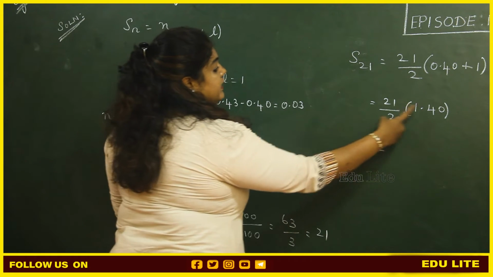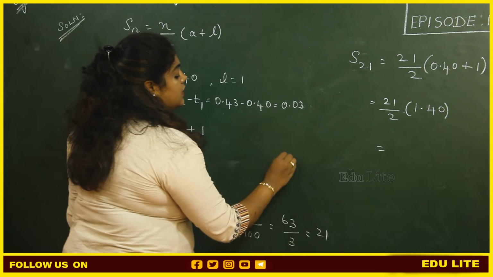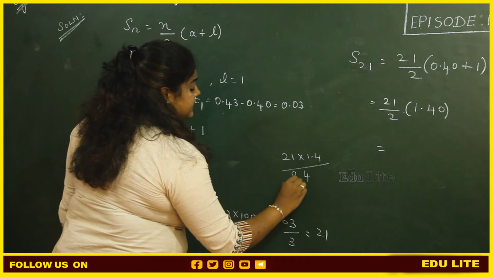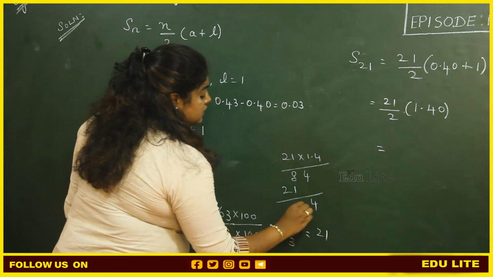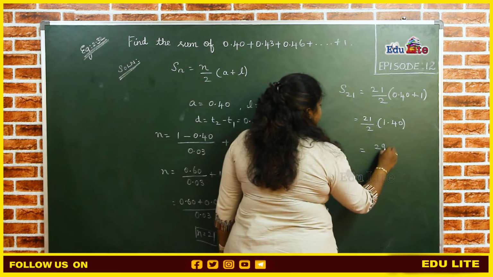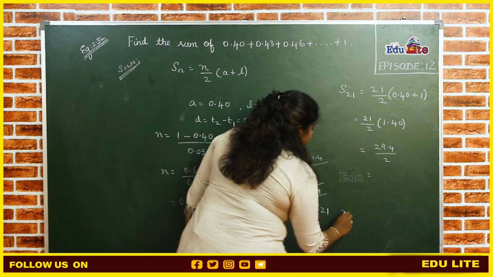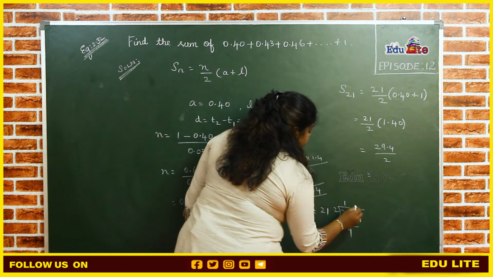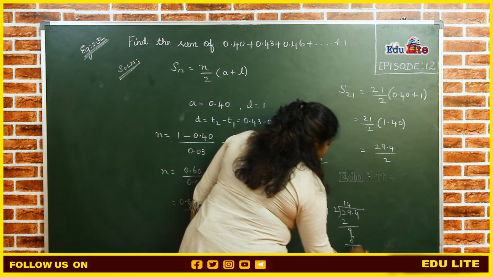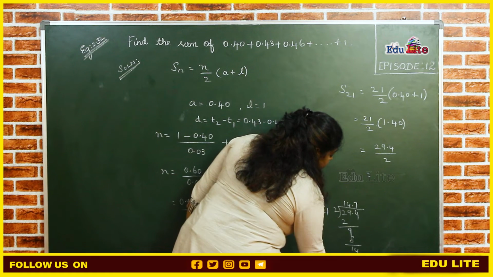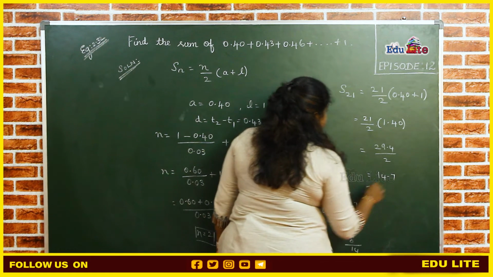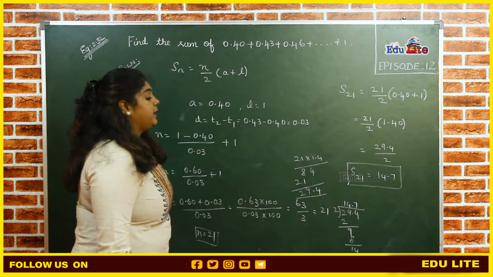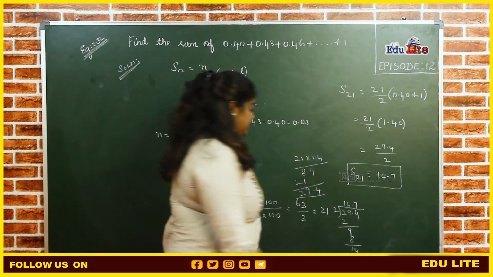Now, what we will do is, first we will multiply with 21, then we will divide it by 2. 21 into 1.4 will give me 29.4. Therefore, 29.4 divided by 2 gives 14.7. So the sum of the above series is S21 is equal to 14.7.